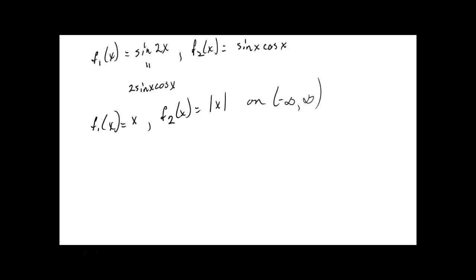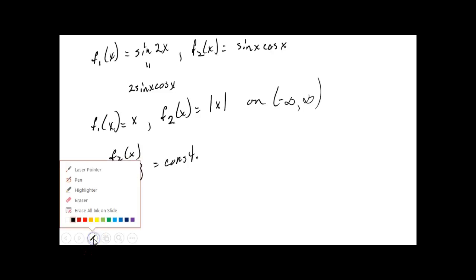The other way of phrasing this is if F2 of x over F1 of x is equal to a constant. Now this only works for a two function system. If that ratio is a constant, then the functions are linearly dependent. If that ratio is not a constant, they are linearly independent. Okay? So let's do example 5.